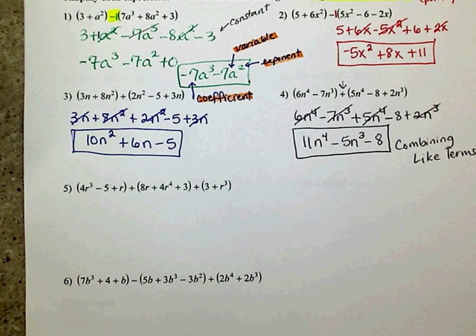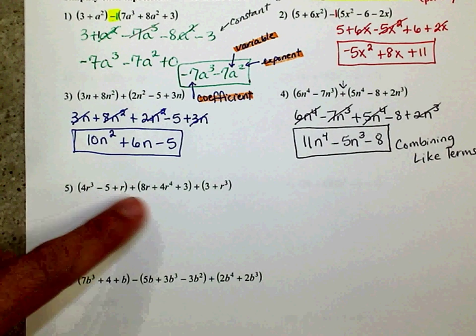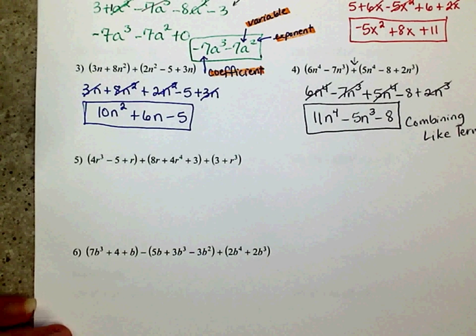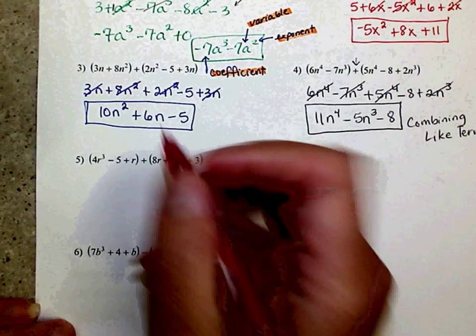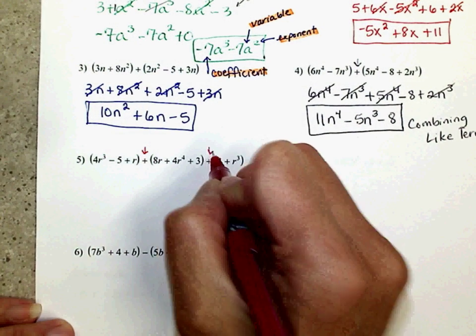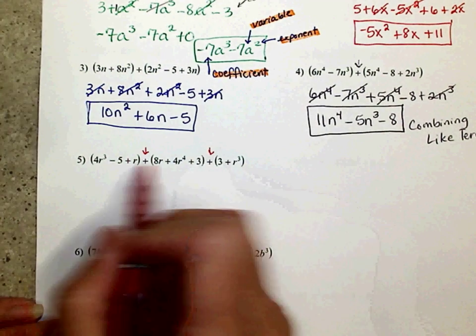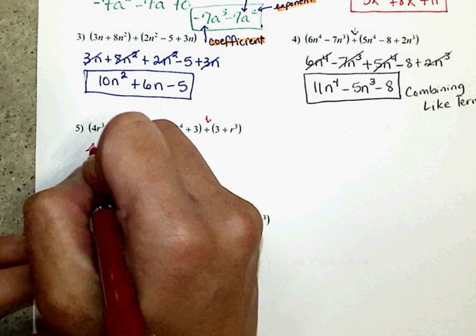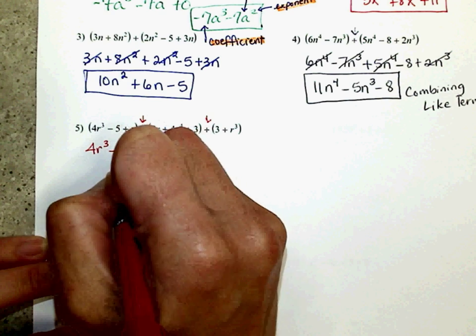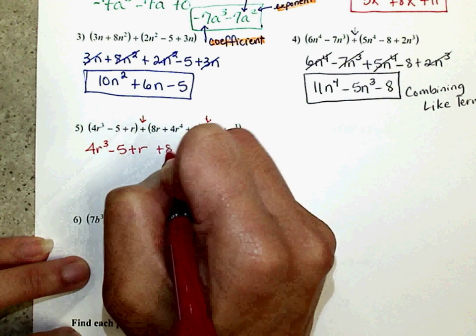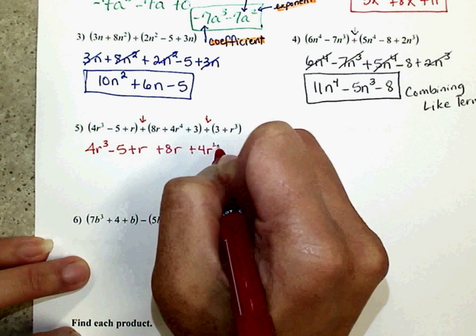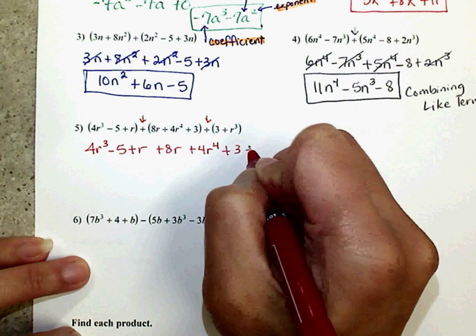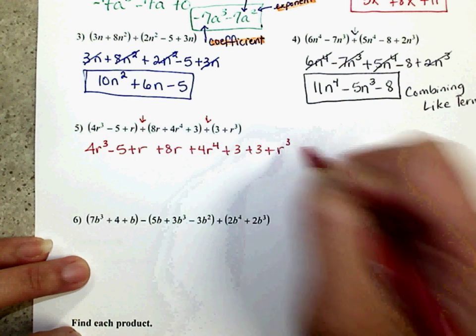All right. Let's go to number 5. We have a trinomial and a binomial. Plus, plus. So basically, I'm going to get rid of all my parentheses. 4r cubed minus 5 plus r plus 8r plus 4r to the 4th plus 3 plus r to the 3rd. Okay?